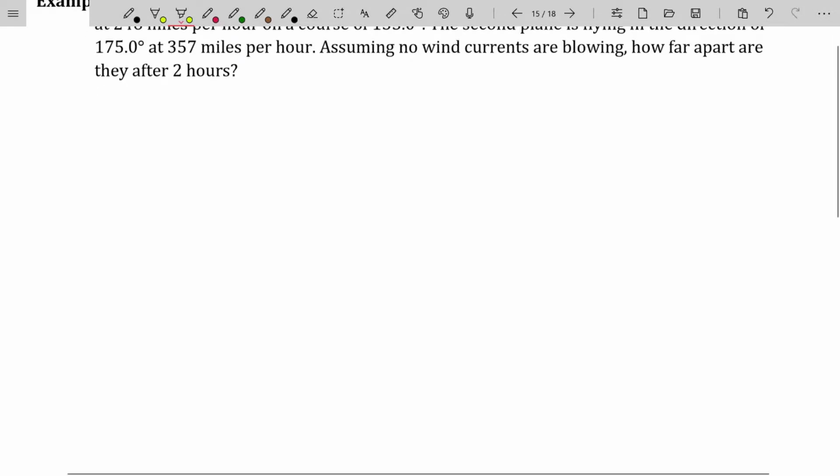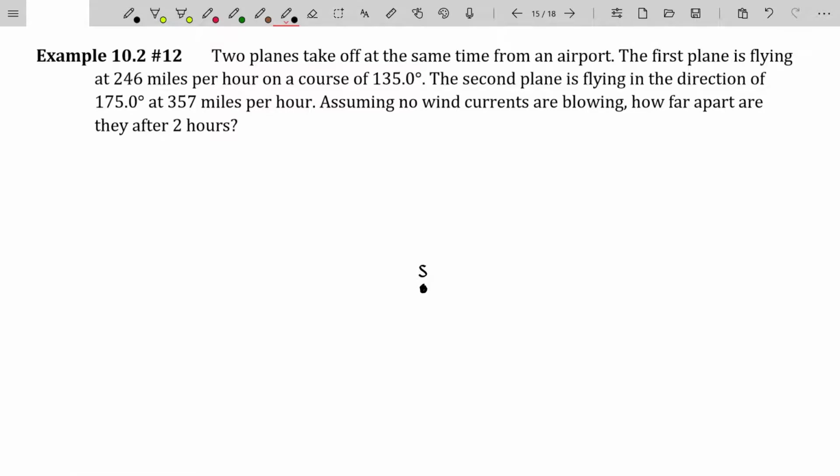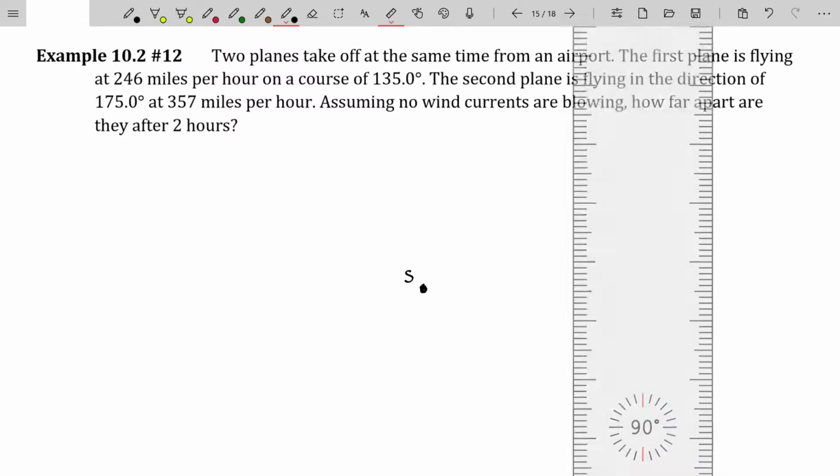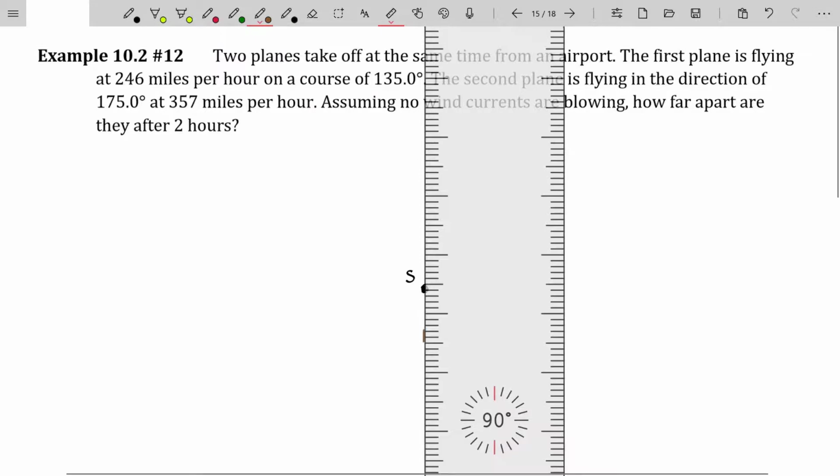So let's go ahead and at least put a dot in space here and call that dot S. That's their starting point. I'll draw a vertical line here, and I'll just put a little north-south here in brown. There we go.